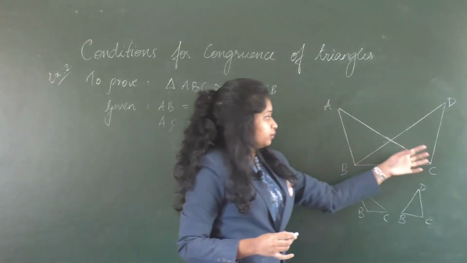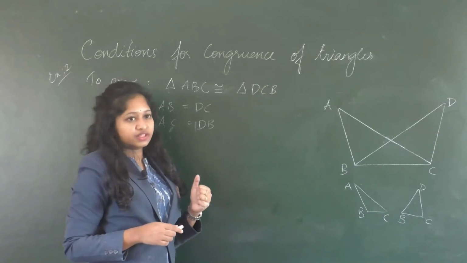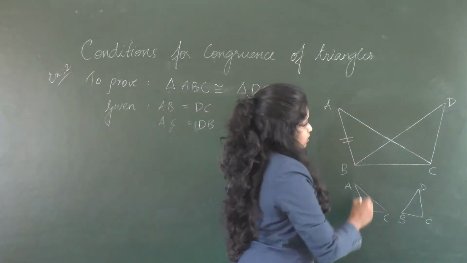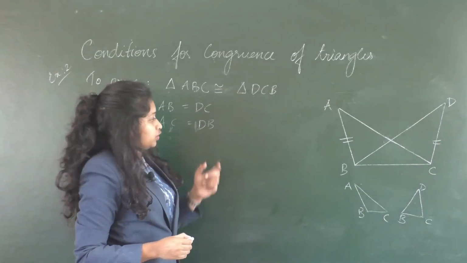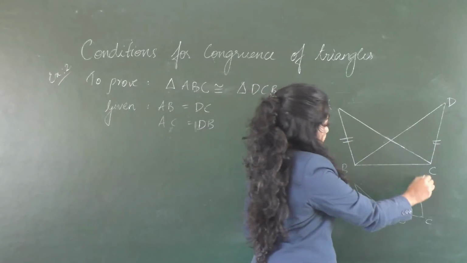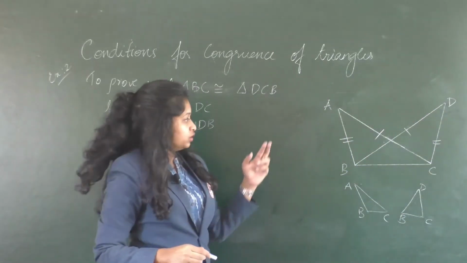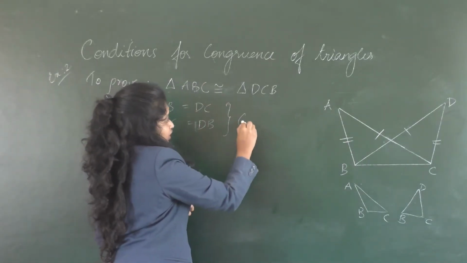We should prove that both of these triangles are congruent, and it is also given that AB is equal to DC and AC is equal to DB. So we got two sides. So these are given.